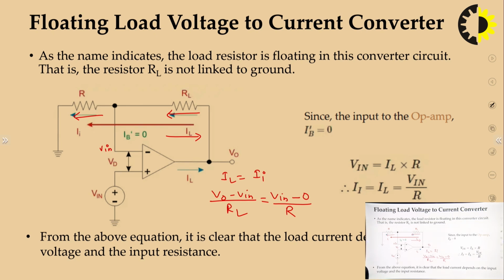then you can easily get the value of II and IL, but here our purpose is not to simply solve this circuit, but we really want to find out the value of current in terms of IL. So, we can replace it by IL.